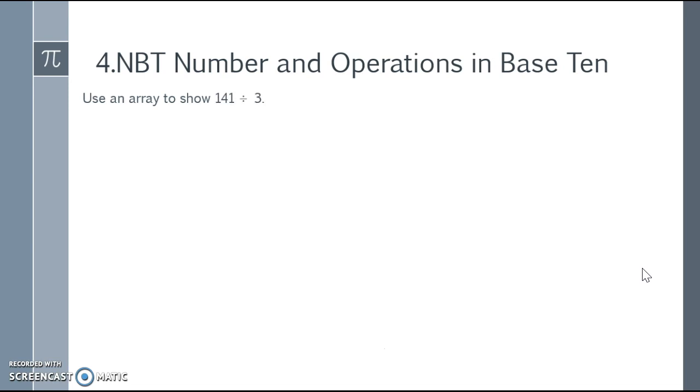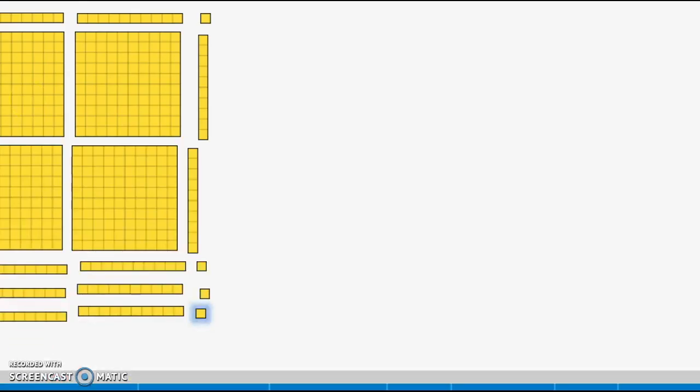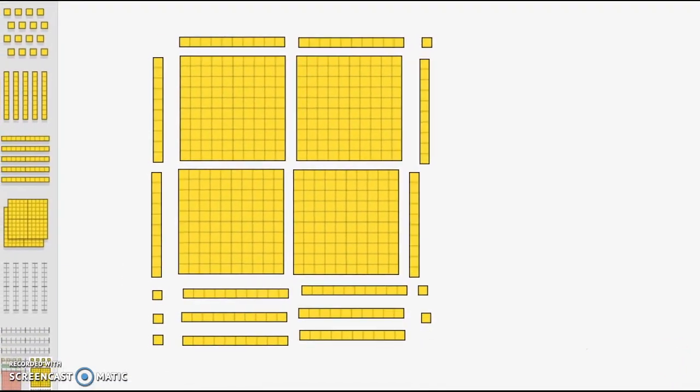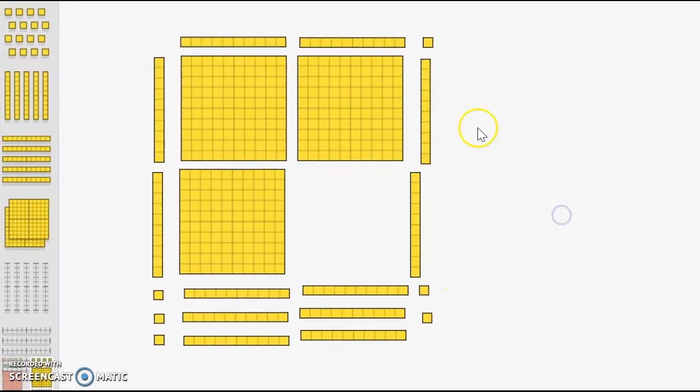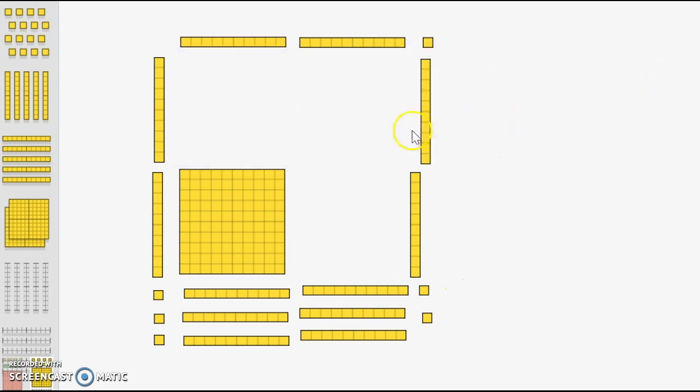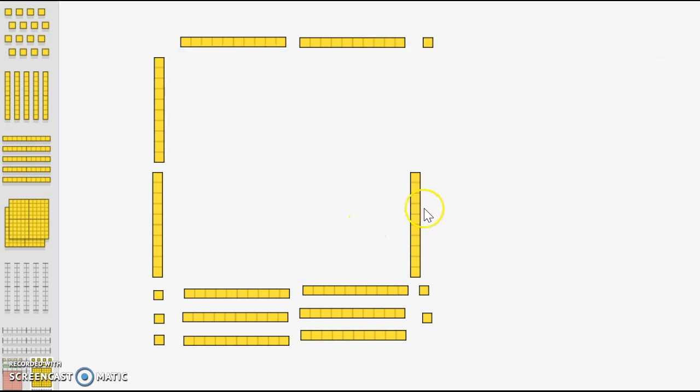Use an array to show 141 divided by 3. This time we know the result, and we want to divide it into 3 different groups. So let's trash this. Move this closer and move some of our pieces out of the way so we can work with them a little better.